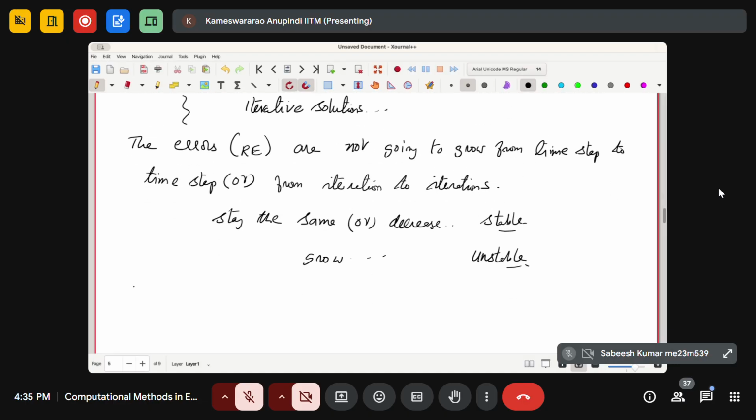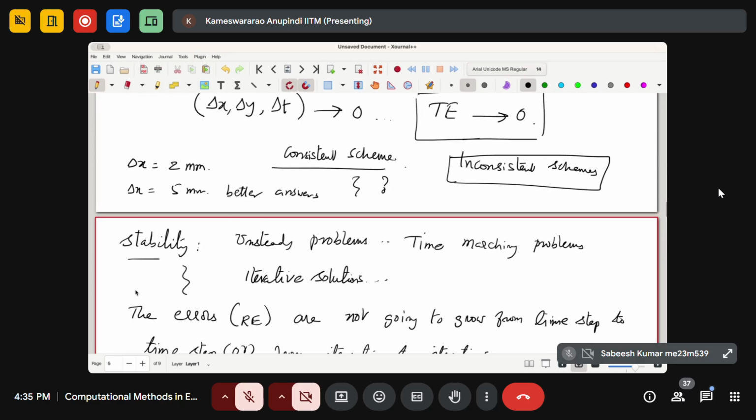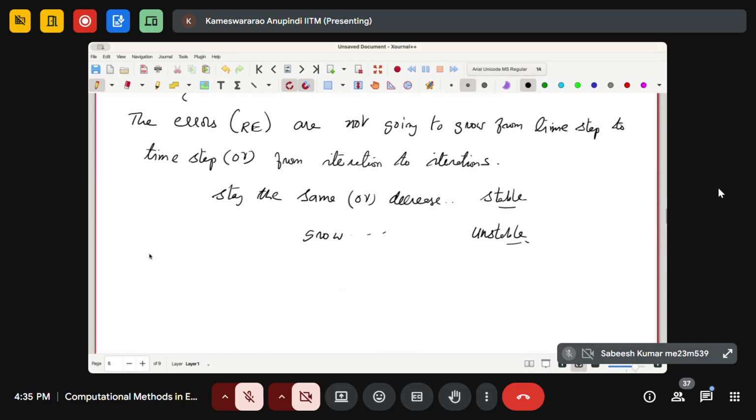Then we have something that is known as consistency, stability, and convergence. We can say that a scheme that is both stable and consistent is a convergent scheme.